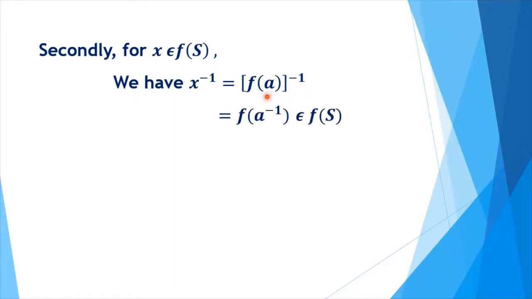But by the second proof of this theorem, we have proved that f of A whole inverse is nothing but f of A inverse. Actually, A belongs to the set S. So, A inverse also belongs to the set S, as S is a subgroup of G. So, f of A inverse belongs to f of S. After applying f, it will be an element of f of S.